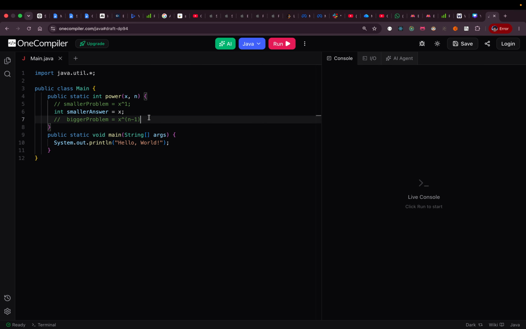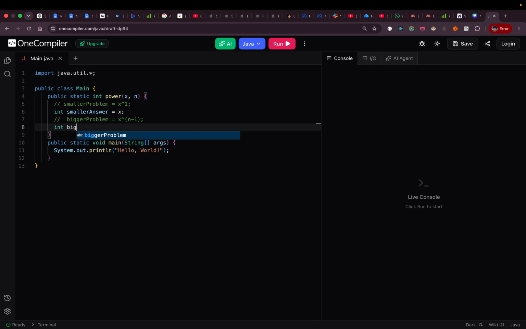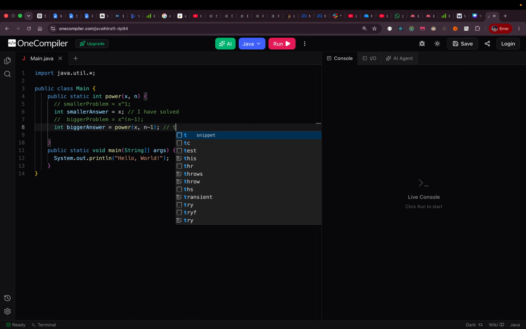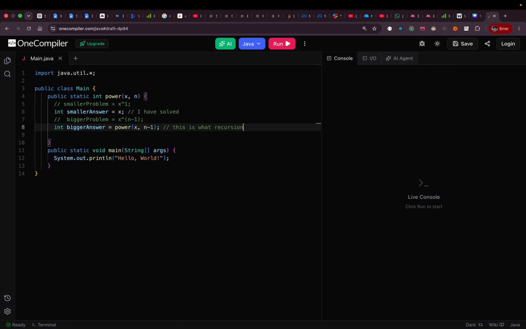Since my bigger problem is x power n minus 1, I will say bigger answer is power of x comma n minus 1. That's it. So this is what I have solved, and this is what recursion is solving.